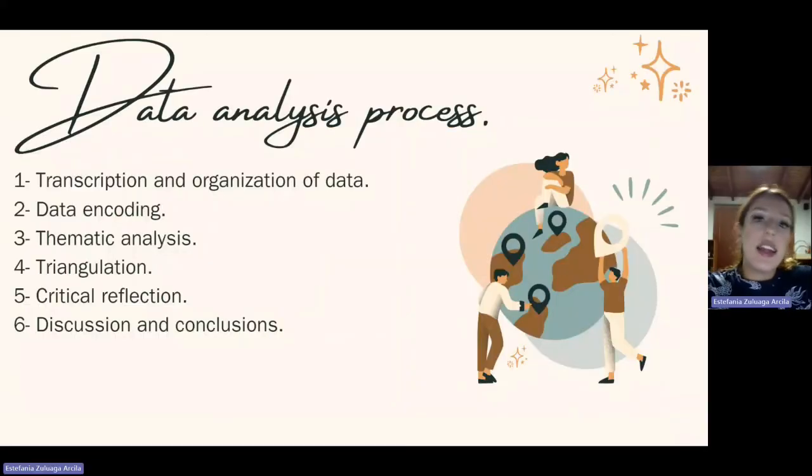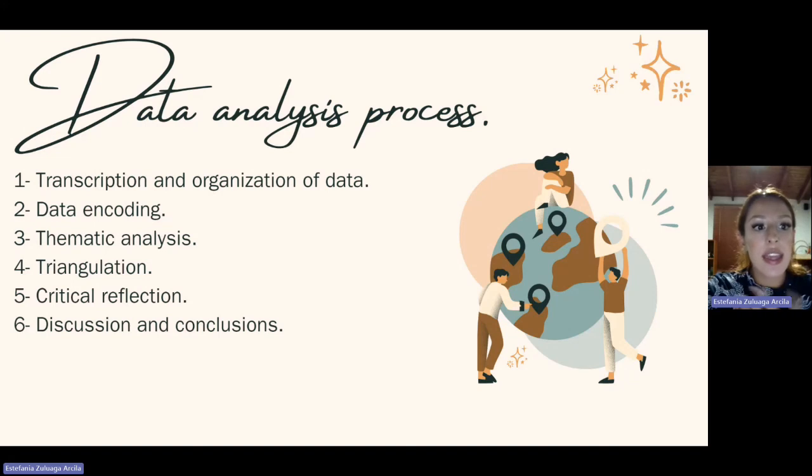In the data analysis process, we have 6 stages. The first one is the transcription and organization of the data. Here we will transcribe the interviews and the observations, and organize the data into categories.